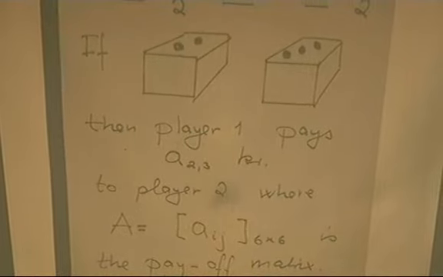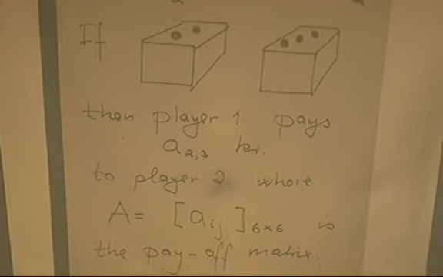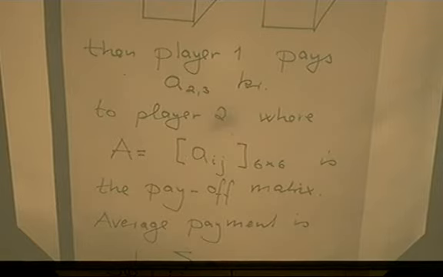It's always player 1 who pays to player 2. But of course, these numbers could be negative. So money could go the other way around. So we have a 6 by 6 matrix which tells you how much player 1 is going to pay to player 2 every time. This matrix has a name. It's called the payoff matrix.